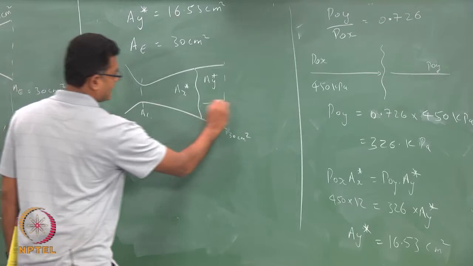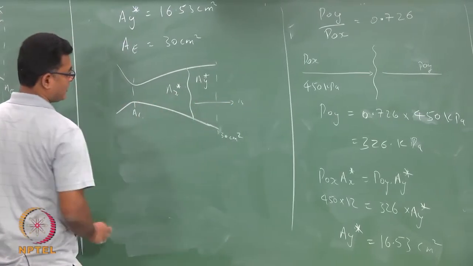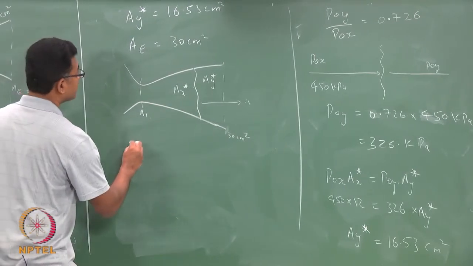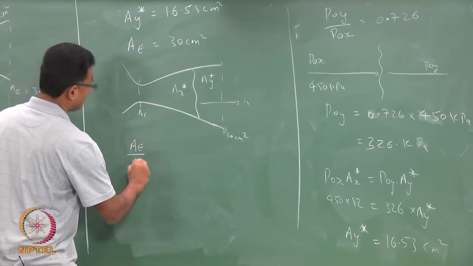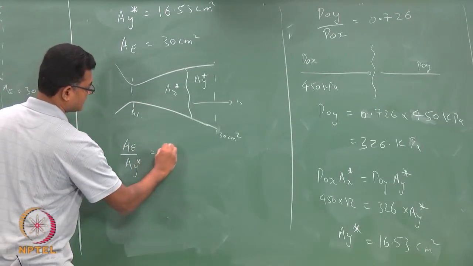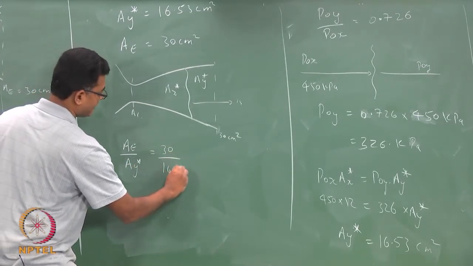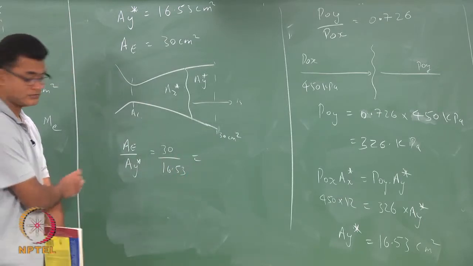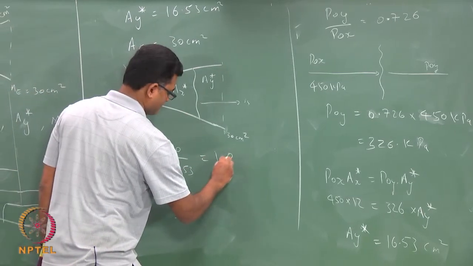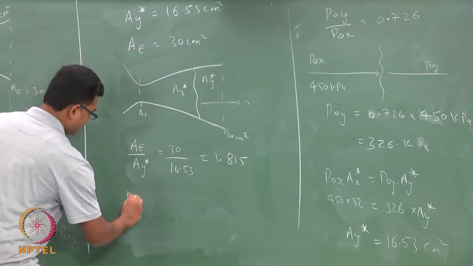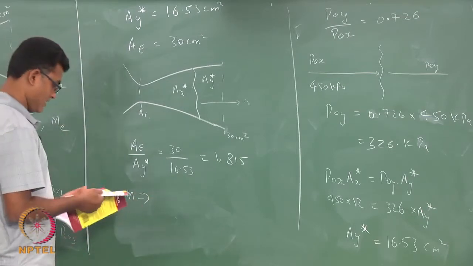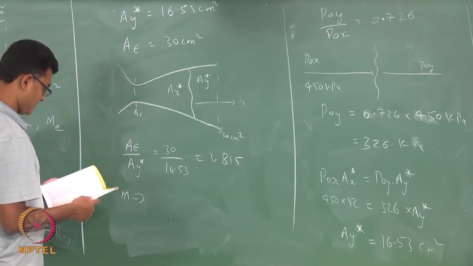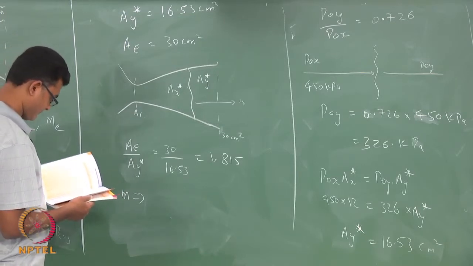So up here again is isentropic. So all I need to do is take this area ratio and find the corresponding Mach number. So A exit by Ay star is 30 centimeter square divided by 16.53. This is 1.815. So the Mach number is associated with this ratio of 1.815.